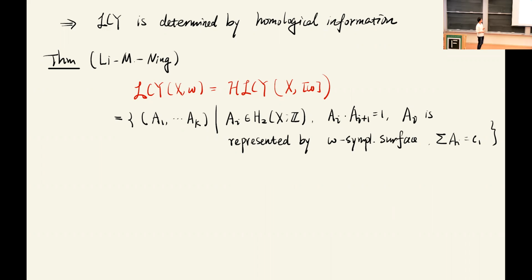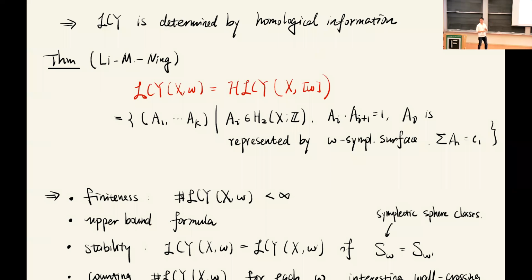And you will notice that the right-hand side is only determined by the symplectic class, not the symplectic form. So with this bijection, this gives us a way to study these geometric divisors using homological information, and we immediately get some nice properties of these things.